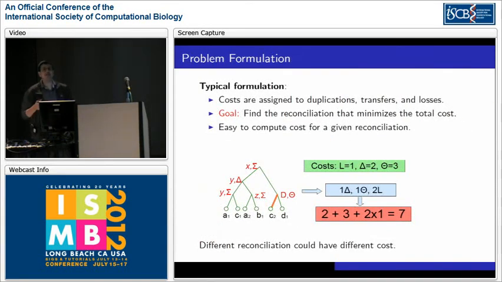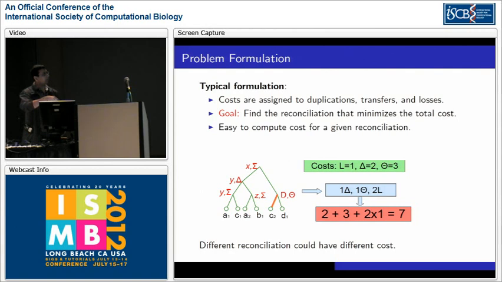So how do you actually solve this problem? The typical formulation is a parsimony one, where you assign costs to each type of event. So you have a cost for duplication, a cost for transfer, a cost for loss. And then you want to find the reconciliation that minimizes the total cost. So for a given reconciliation, for let's say this one, it's pretty easy to compute.